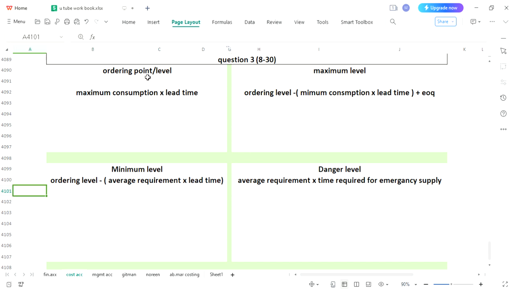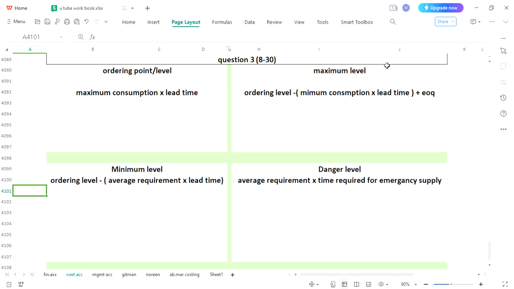Ordering level means how many units we should order so that our process of production should not be stopped. Maximum level means you have your store and godowns, and we consider how much capacity you have to decide how many maximum units should be present in our factory, because if you store more raw material units than your level, obviously it would again be unfavorable for you.